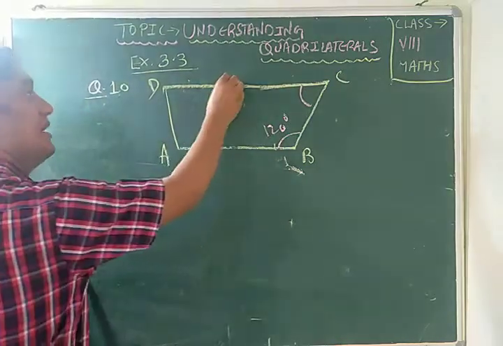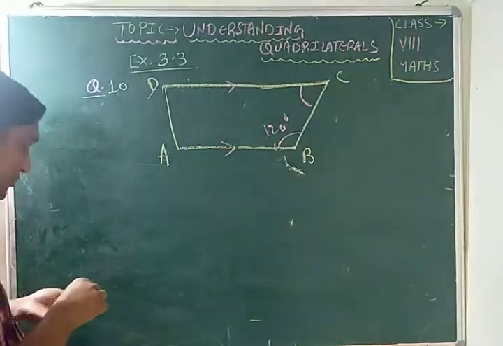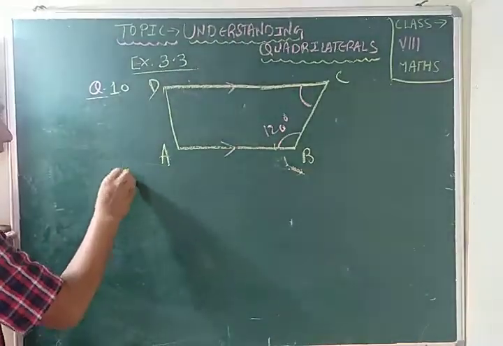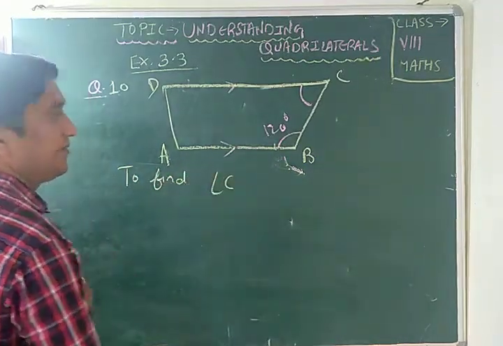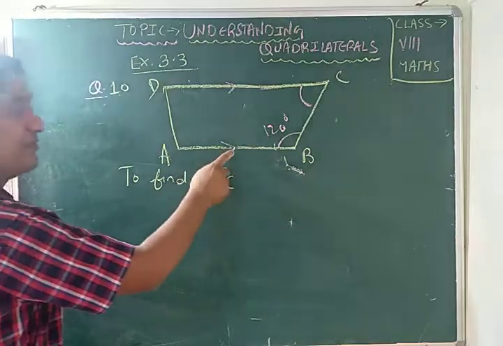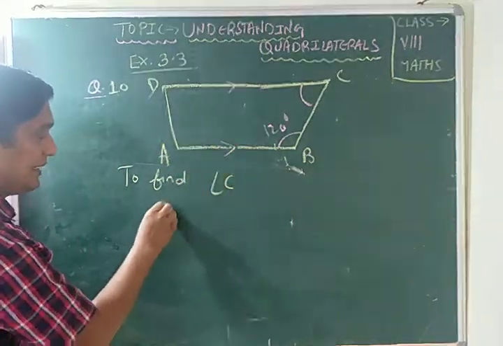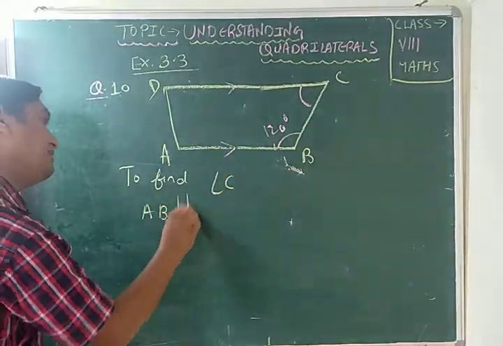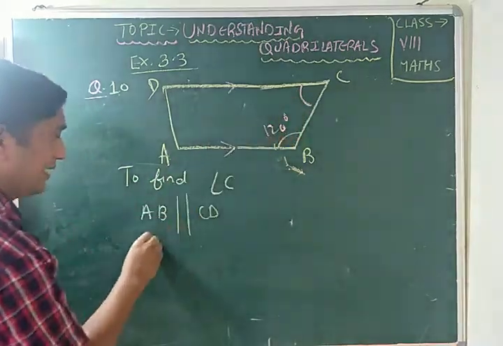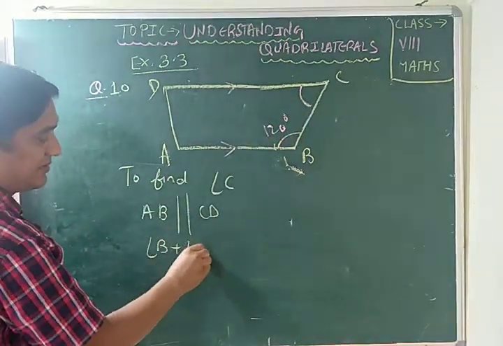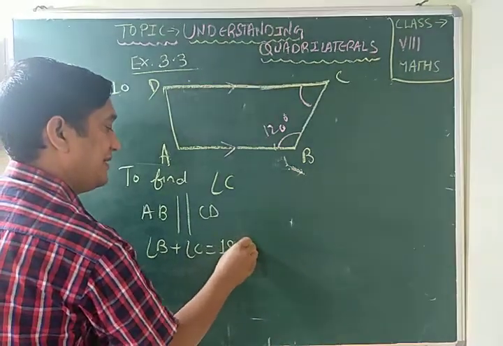Now children, this is parallel to this, and we have to find angle C. So children, we know that if AB is parallel to CD, it means the sum of these two angles, angle B plus angle C, must be 180 degrees.